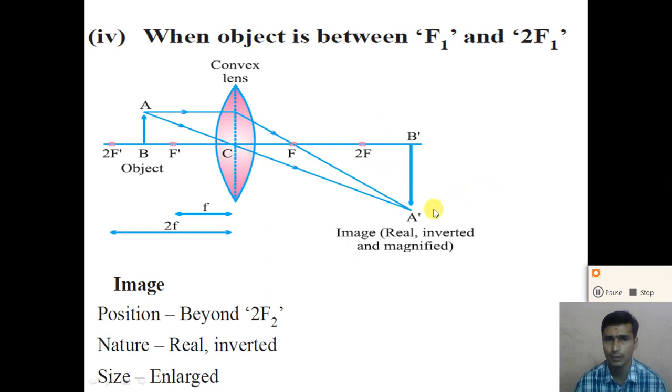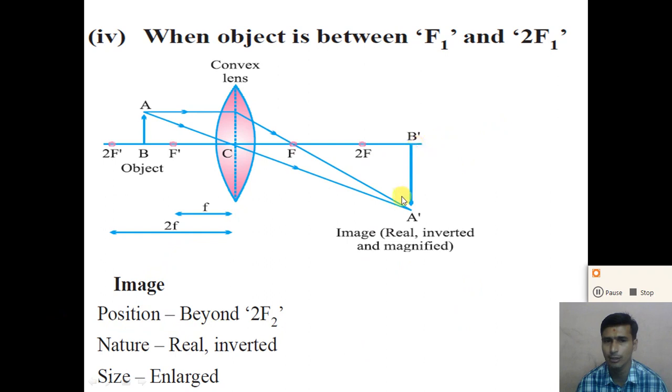So dear student, when the object is placed between the principal focus and the center of curvature, the image on the other side of the lens will be formed beyond the center of curvature, or we can say beyond 2F2.